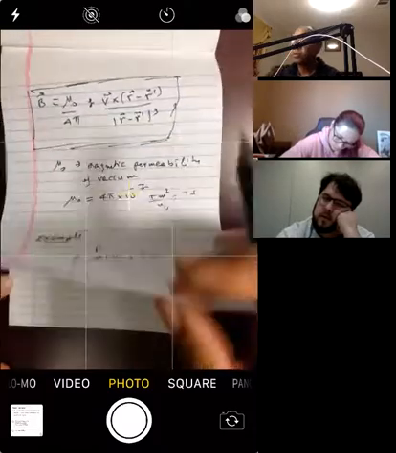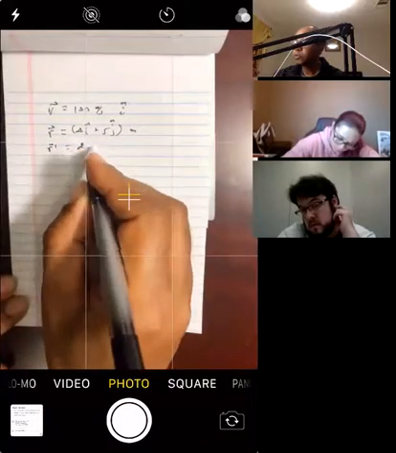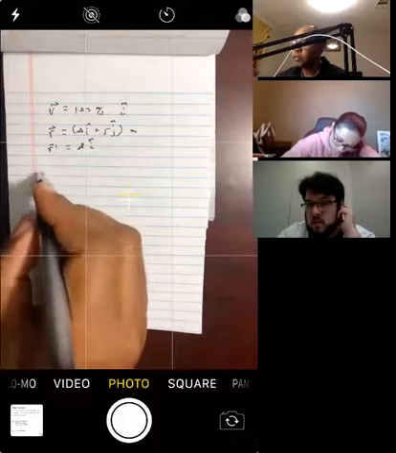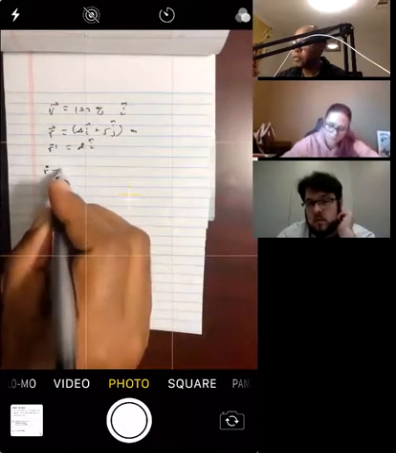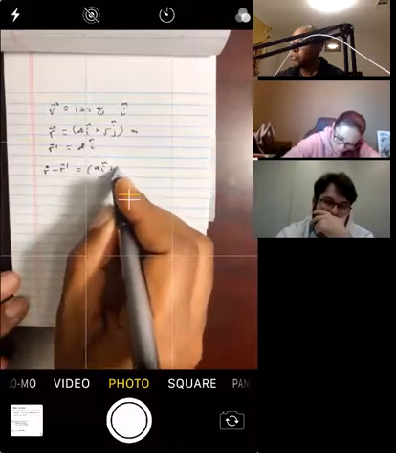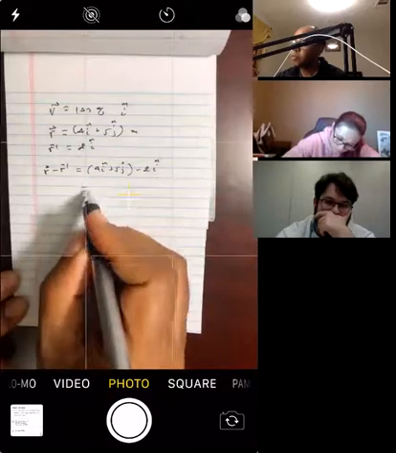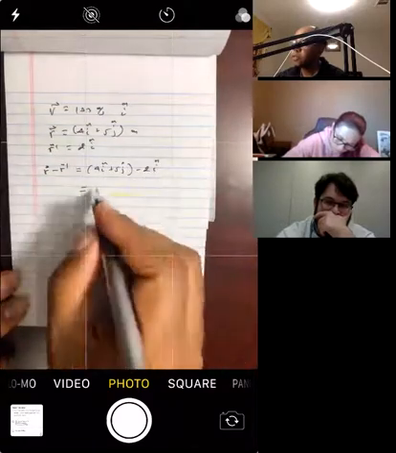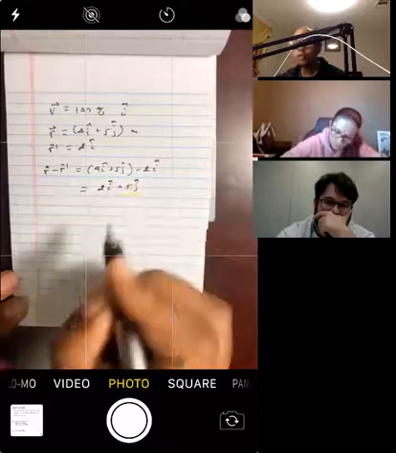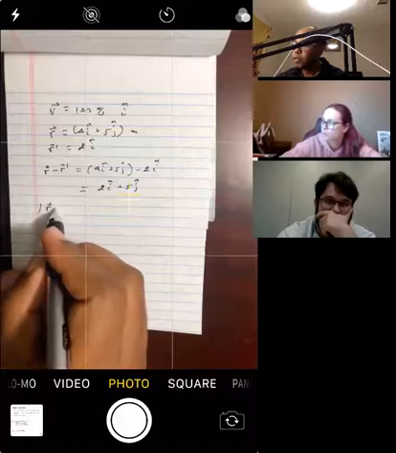So what I'm going to need is this vector, R minus R prime. That is 4I plus 5J minus 2I, so R minus R prime is 4 minus 2, which is 2 in the I plus 5 in the J. I'm also getting the magnitude of R minus R prime.